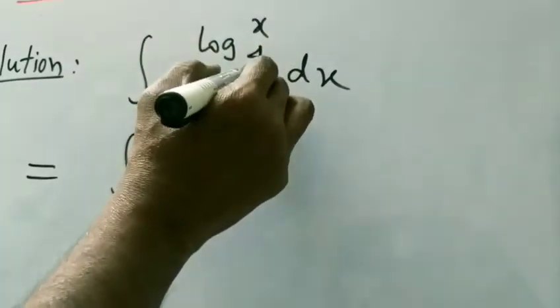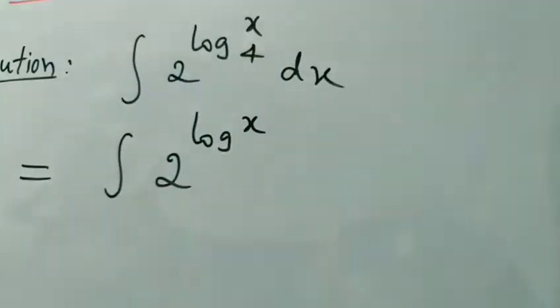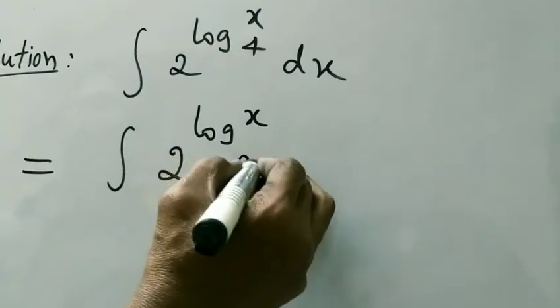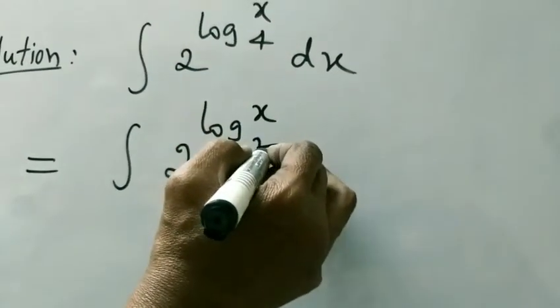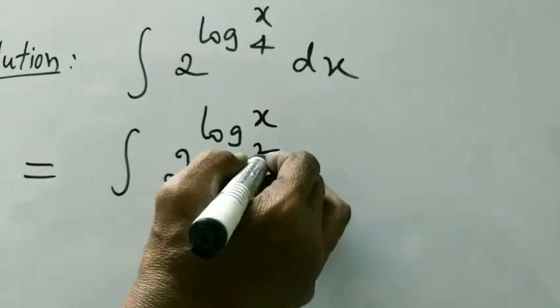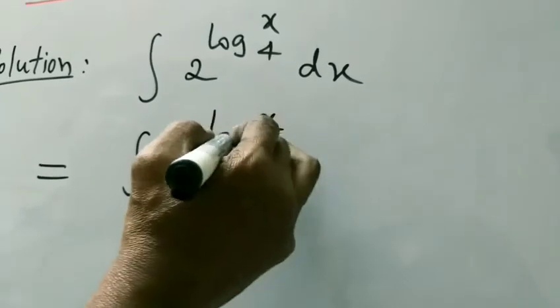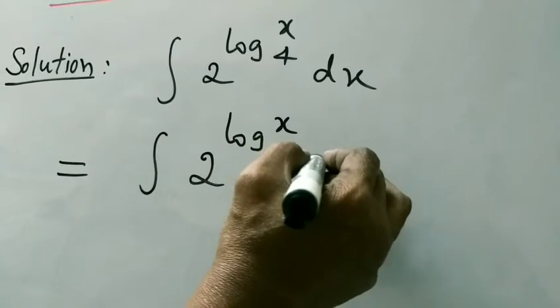Base 4 means here 2 square, 4 is equal to 2 into 2, 2 square. We have to write it like this also, dx.